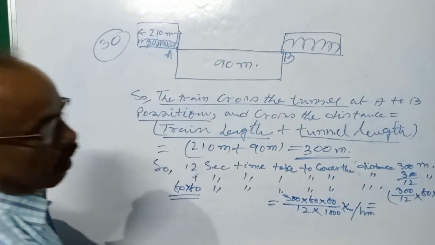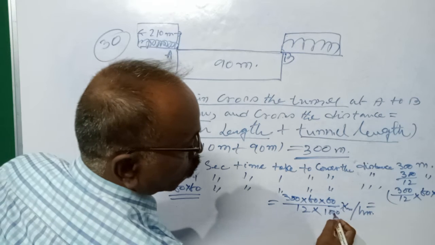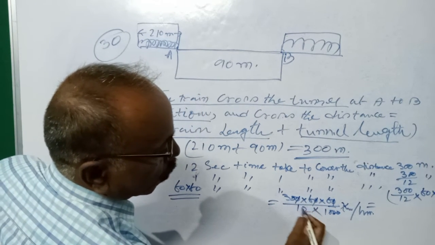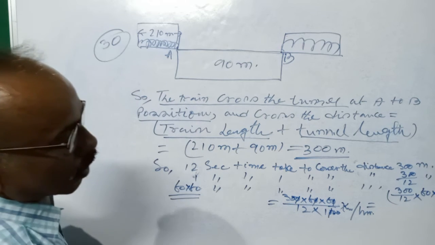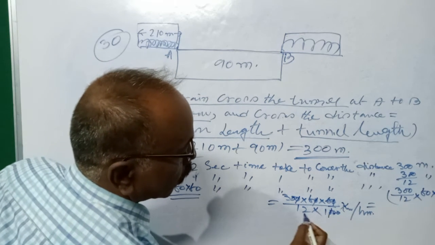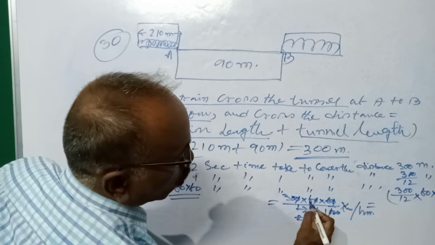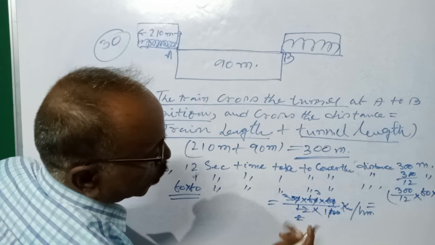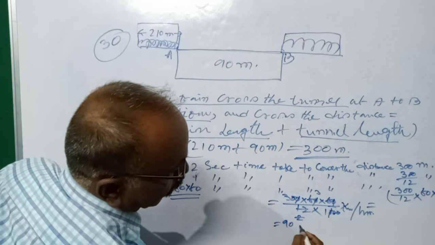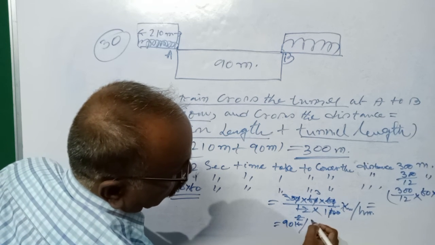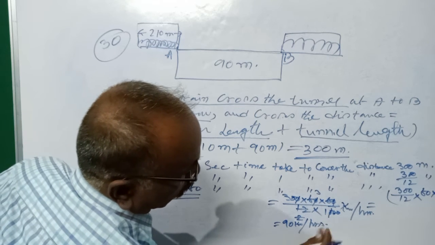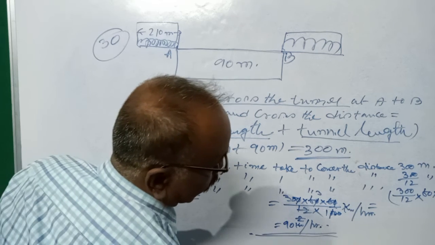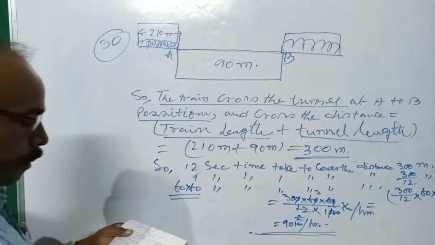Cancelling the zeros, 6 2s are 12, 3 3s are 9, into 0, is equal to 90 km per hour.